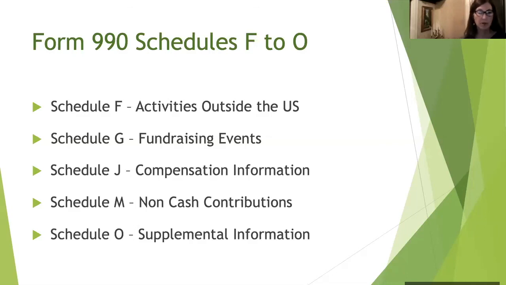They want more detail on your compensation for your top paid individuals. And then they do want detail on any non-cash contributions. So you were asking about food at the food bank. Yes, they want you to tell all those kinds of things that you get. And then your Schedule O, as I mentioned, is all your supplemental information where you give them all the explanations.